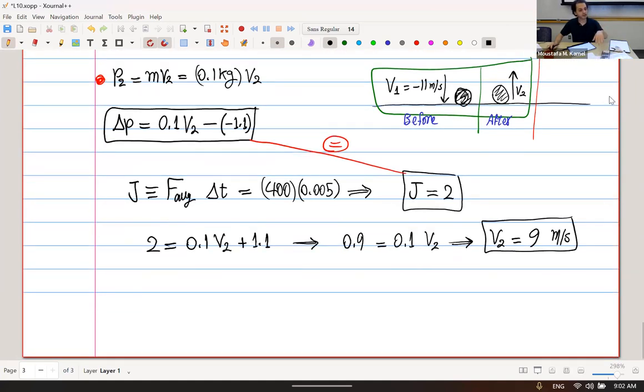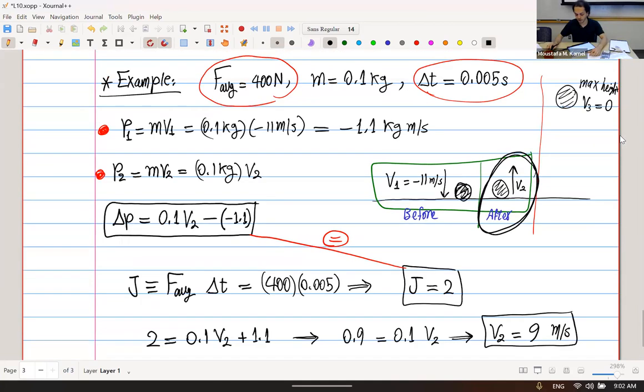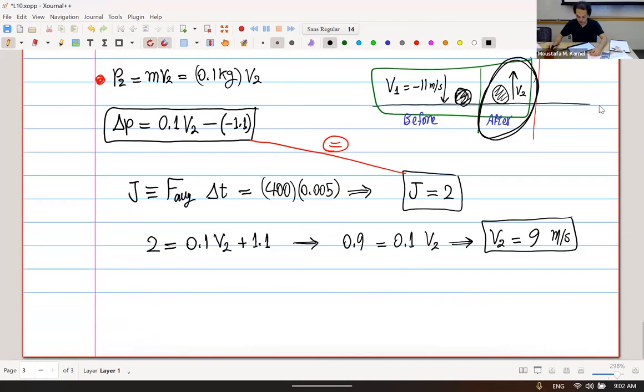But this is a typical kind of calculation. Now we got the initial speed, I mean, initial for the second interval of the problem. Now we can use kinematics to get the maximum height from the equation V final squared equals V initial squared plus 2a delta y.